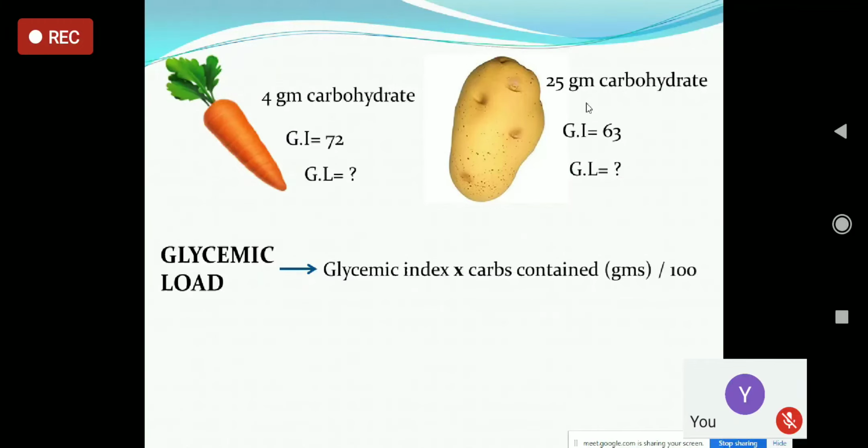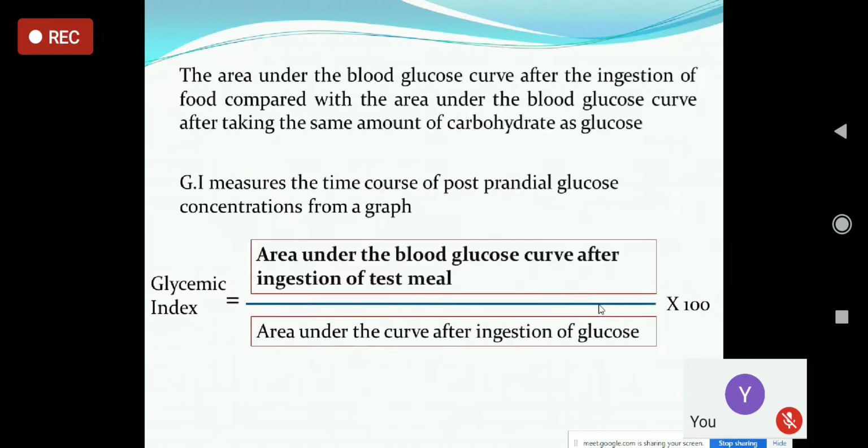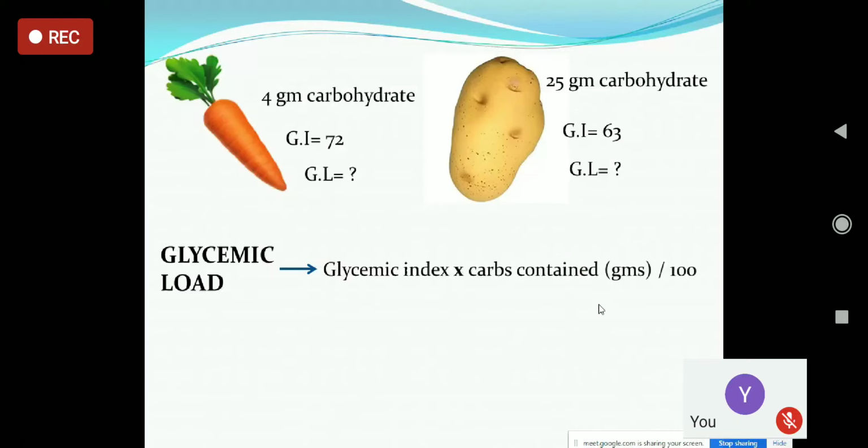So keeping this in mind, the concept of glycemic load was proposed, which considers both the glycemic index and the carbohydrates contained in grams. So you calculate the glycemic load of this carrot and this potato. Glycemic load is equivalent to glycemic index 72 multiplied by carbs contained, 4 gram, divided by 100.